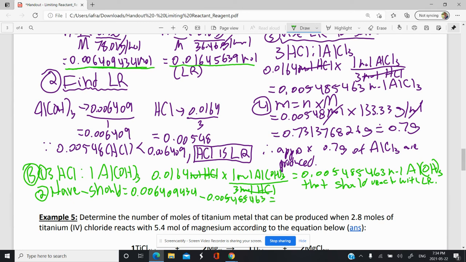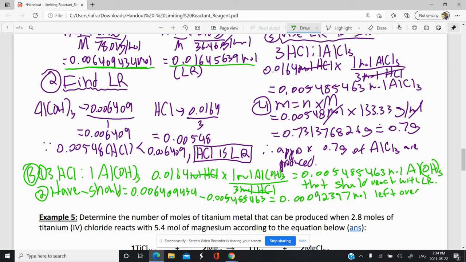And that's going to be how many moles will be left over. So minus, okay, let's do that, 6409434. And I get 0.0009237 mole left over.